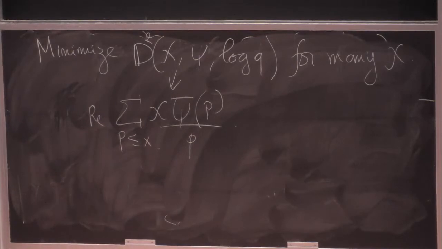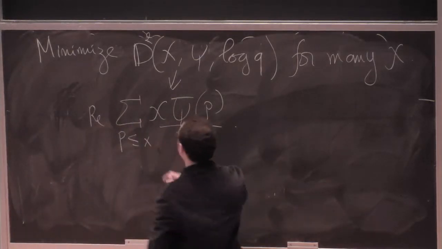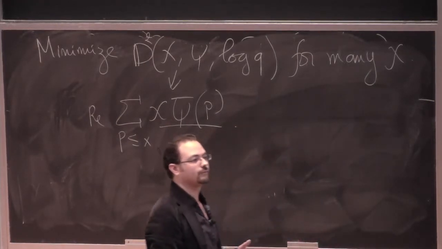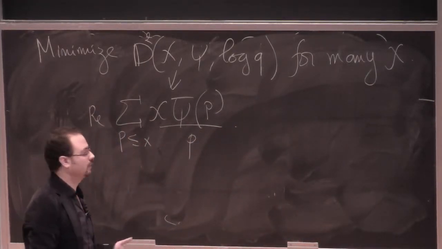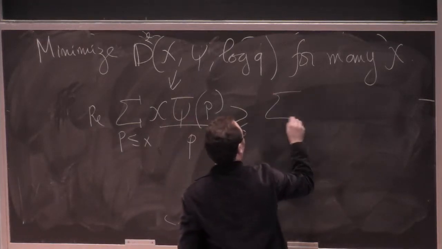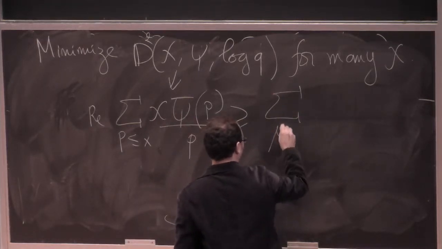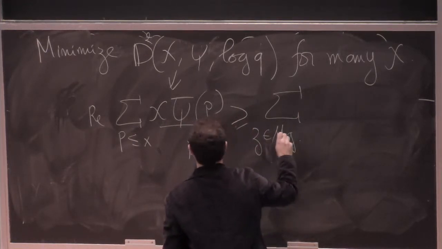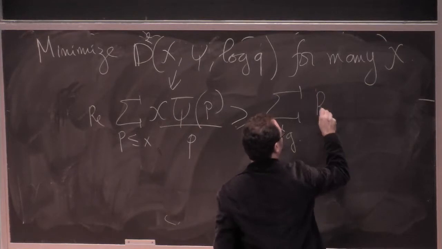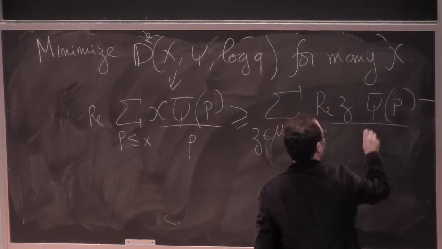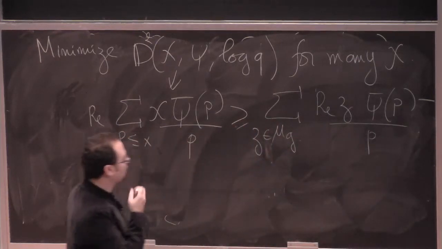Now what we do is treat chi to be an arbitrary function on the set of g-th roots of unity. So this is, let's say, at least the sum over z in mu g, and you take the real part of z to the p, more or less.